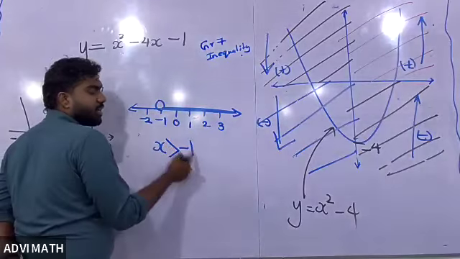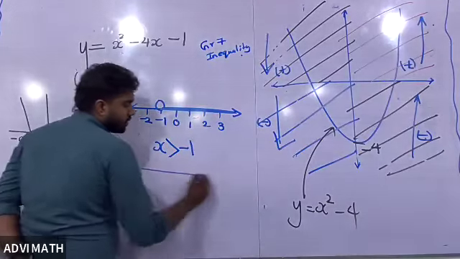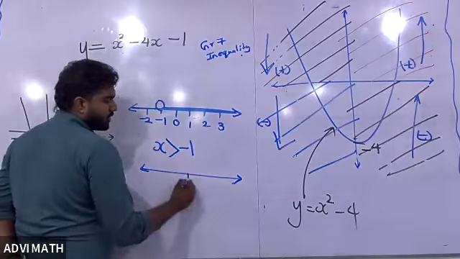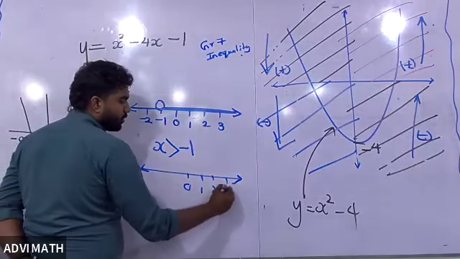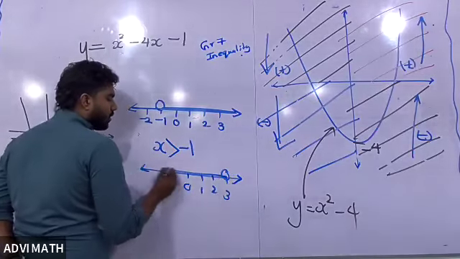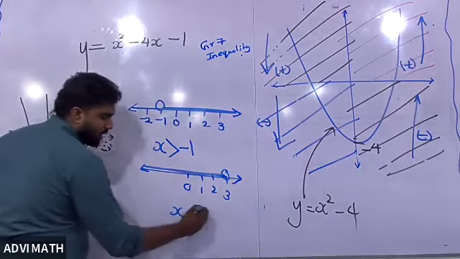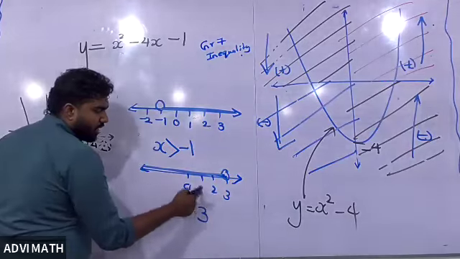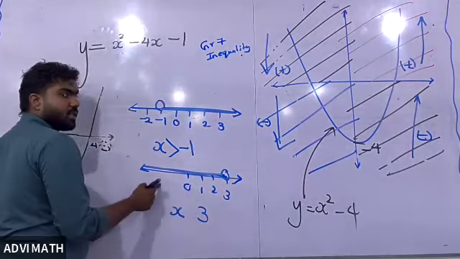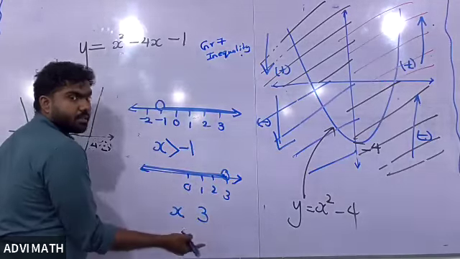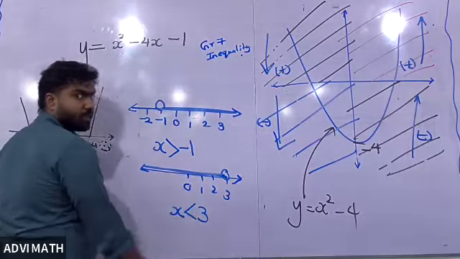X is greater than -1. Now X is 3 here. 2 1 0 -1 -2 is less than 3 or greater than 3? I write less than 3.